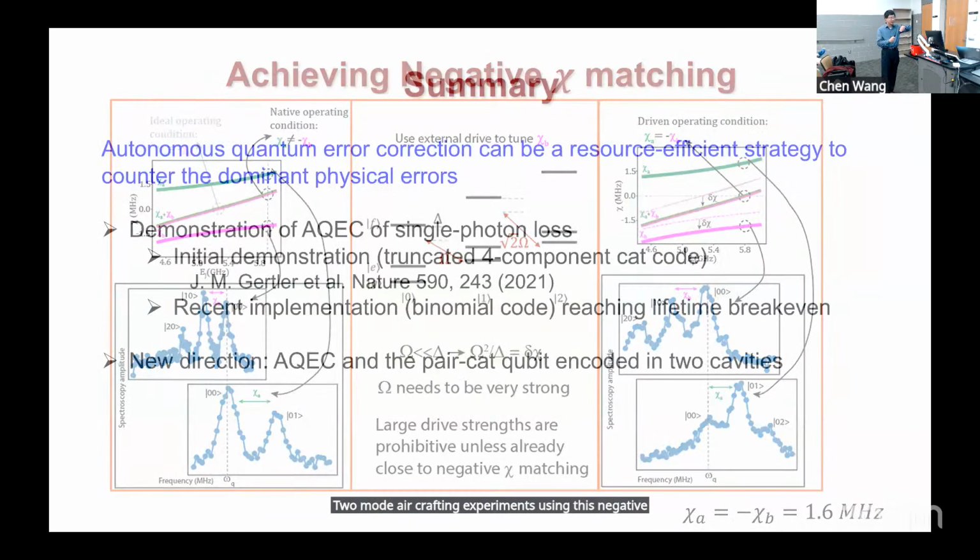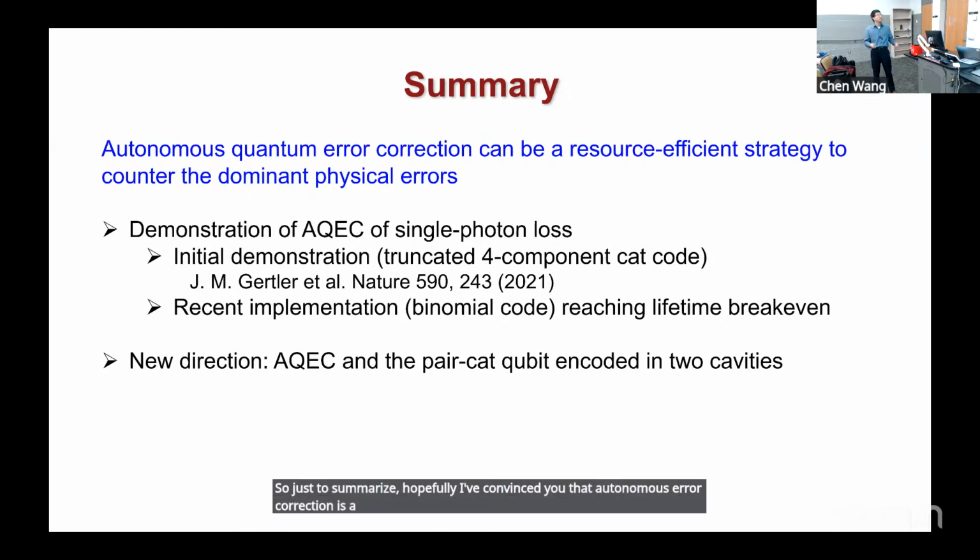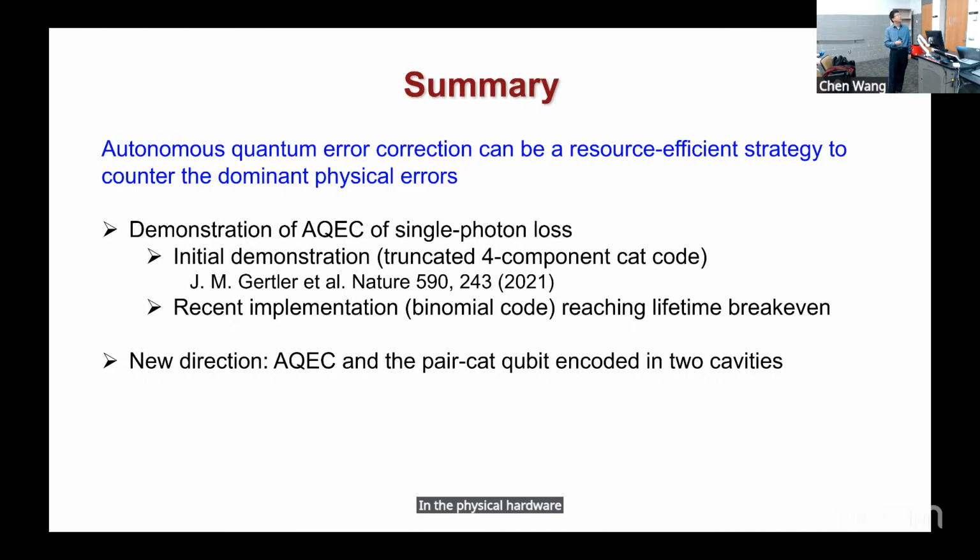So just to summarize, hopefully I've convinced you that autonomous error correction is a very interesting science game, and it can also be a resource efficient strategy to counter the dominant physical errors in the hardware for qubits.